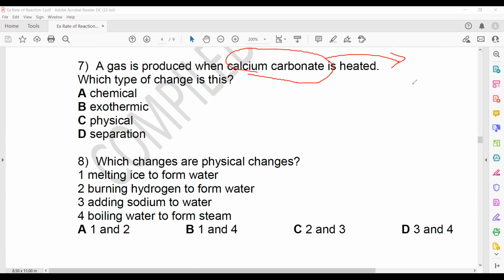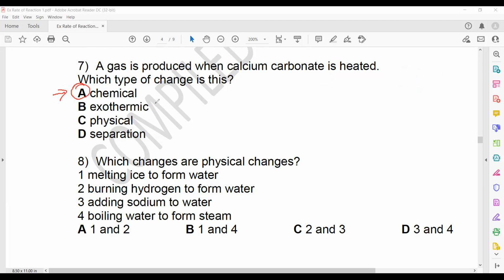So what is this change, physical or chemical? Because a new substance is formed, the gas given off when calcium carbonate is heated is carbon dioxide. That's why we call that a chemical change.